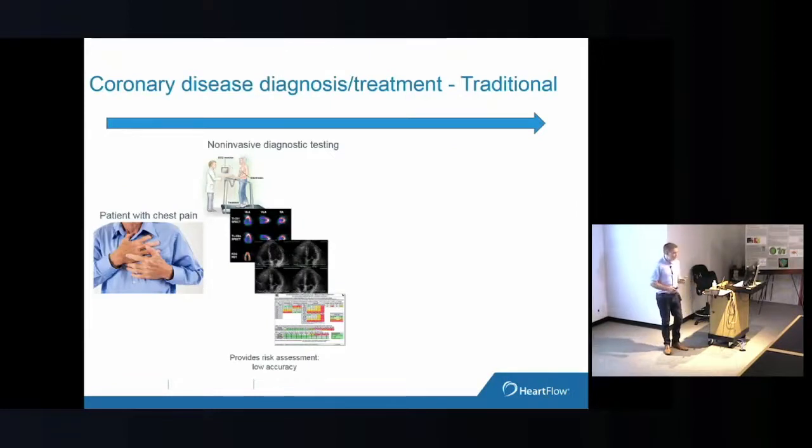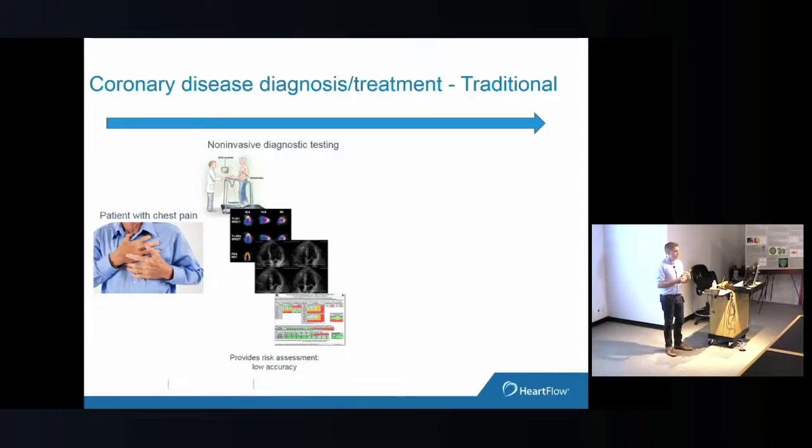The clinical paradigm today is when a patient comes in with chest pain, they will receive a series of non-invasive tests, usually a treadmill test, maybe a SPECT, stress nuclear exam, stress echo, or sometimes just a risk score, like a Framingham risk score.